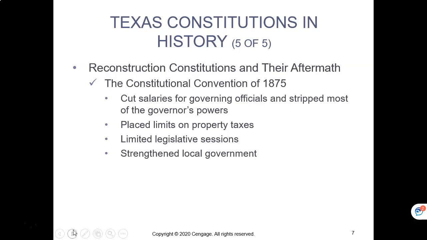And you should read in the book the account of how they ended up getting E.J. Davis out by taking a mob of people to the State House, and E.J. Davis ended up leaving before his term was even over to basically save his own life.